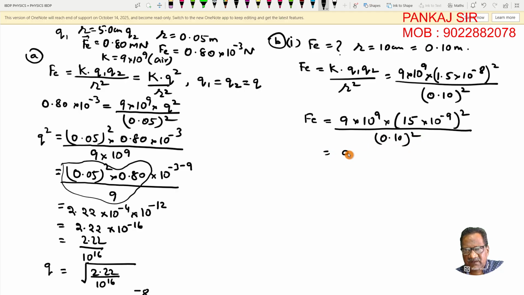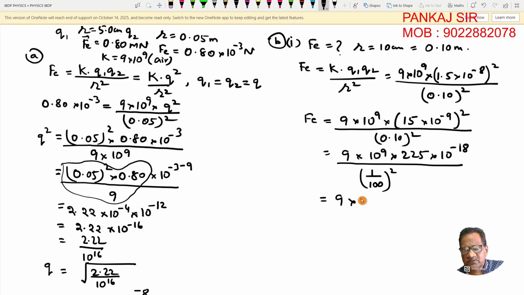That should be equal to 9 into 10 raised to 9 into this 15 square will be 225, and 10 raised to minus 9 the whole square will be 10 raised to minus 18. This can be written as 0.10 the whole square can be written as 1 upon 100 the whole square. Okay, this can be written as 9 into 225 into 10 raised to 9 minus 18 will be minus 9.